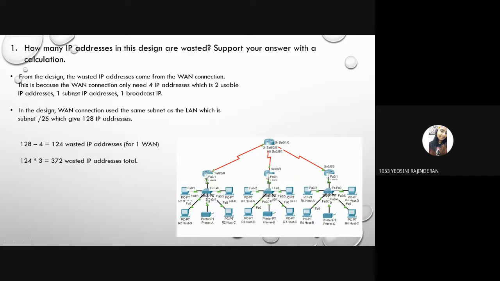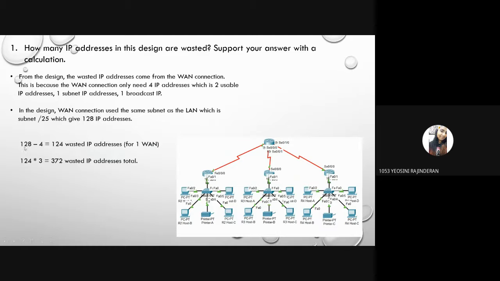Okay. From the design, the wasted IP addresses come from the WAN connection. This is because the WAN connection only needs 4 IP addresses, which is 2 usable IP addresses, 1 subnet IP address and 1 broadcast IP. In the design, one connection uses the same subnet as the LAN, which is subnet /25, which gives 128 IP addresses.